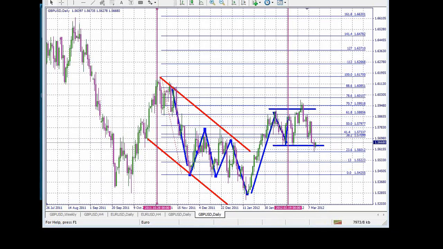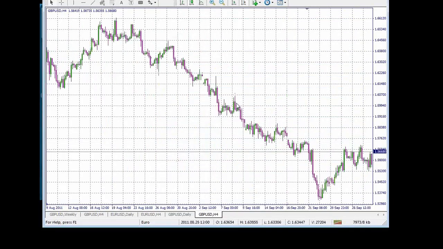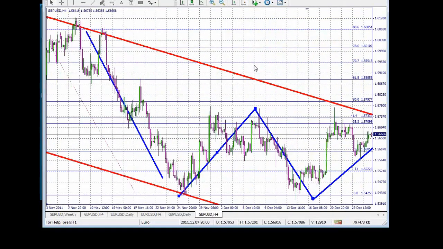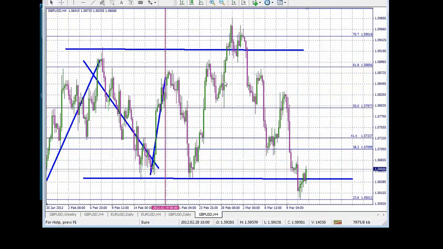So I will go for smaller time frames. And now you can see better what is happening. Here we have one type of impulse wave, impulse part of the cycle. We have 1, 2, 3, 4, 5 waves, and now probably it will go with the corrective wave, with those 3 waves.